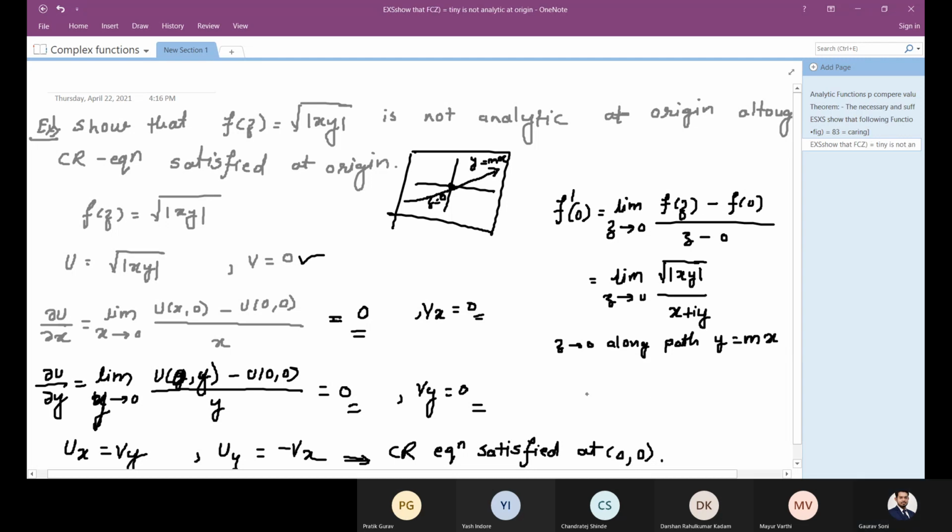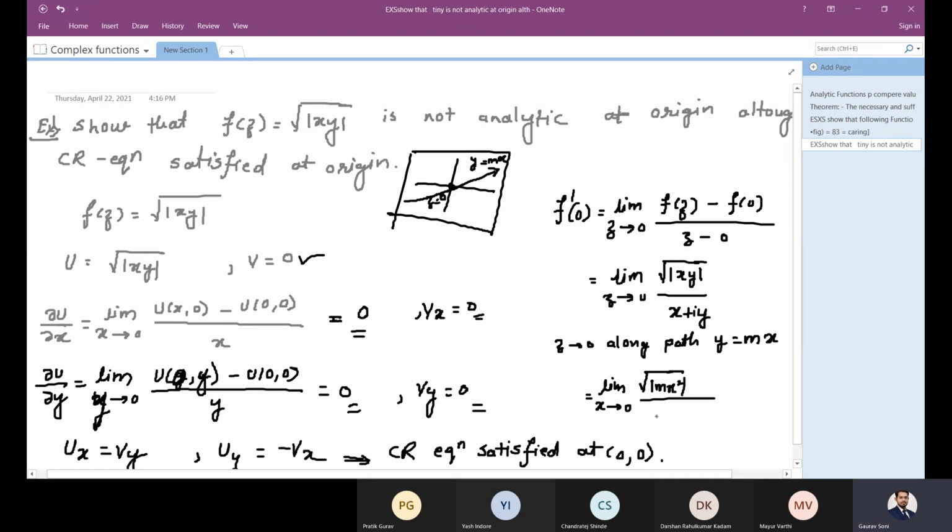So when we put this, as z tends to 0, x has to go to 0. So the limit of this will turn out to be, as x tends to 0, in the numerator y has to be equal to mx, so that will become m into x square, under root mod of m into x square, upon y is equal to mx.